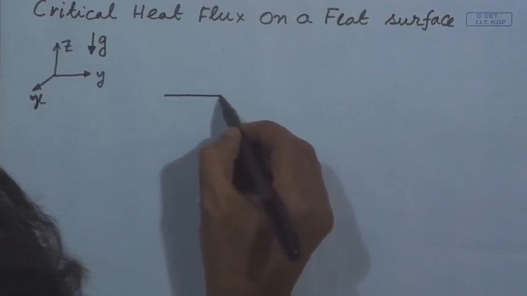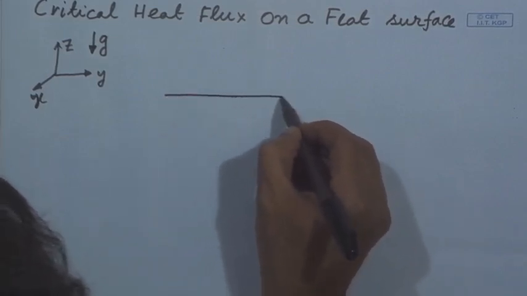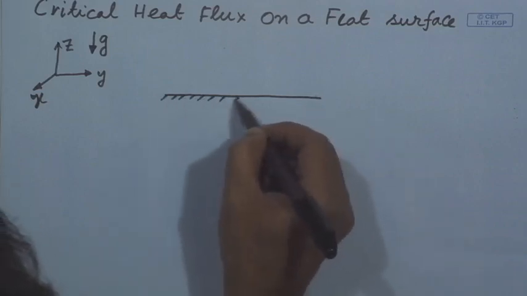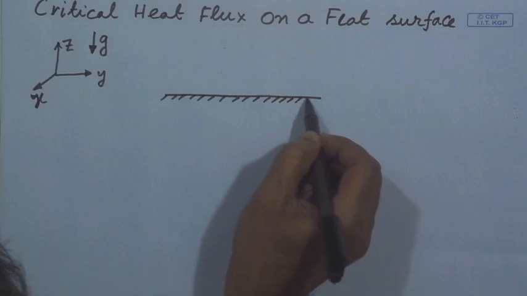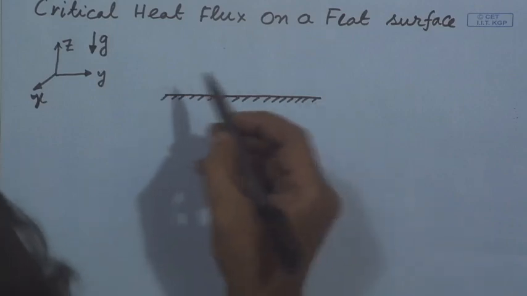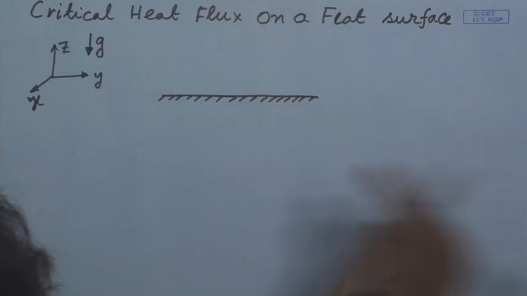A representation of the flat surface could be like this. This flat surface is heated, and over the flat surface there is a pool of liquid.